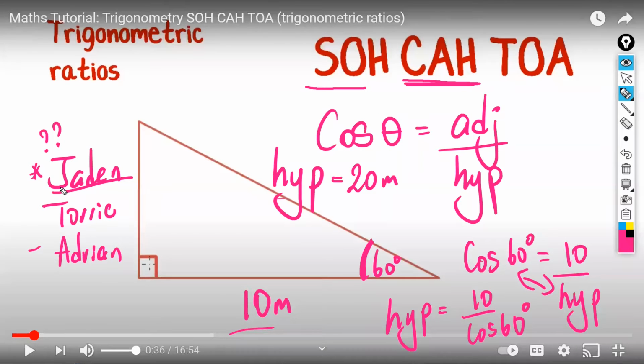Yeah, you switch it. So you have to switch the cos 60 with the hypotenuse. You want to make the hypotenuse the subject of the formula, so you have to switch it. All right, that makes sense.